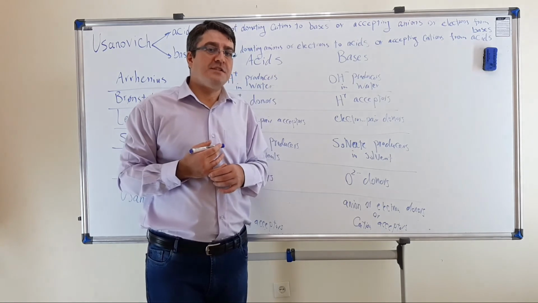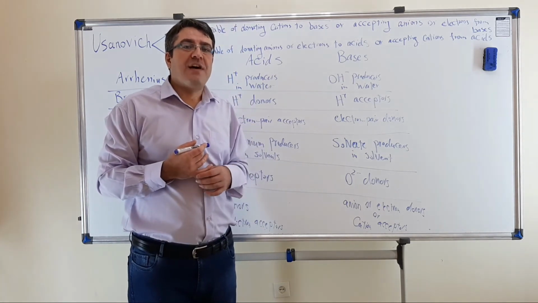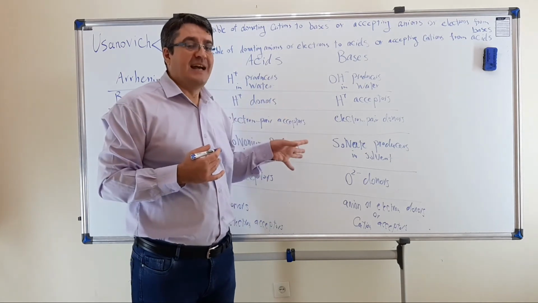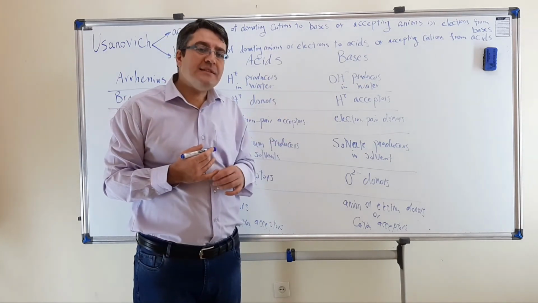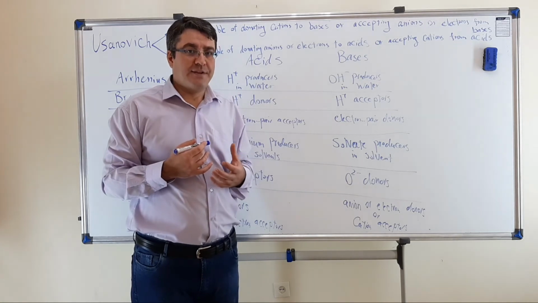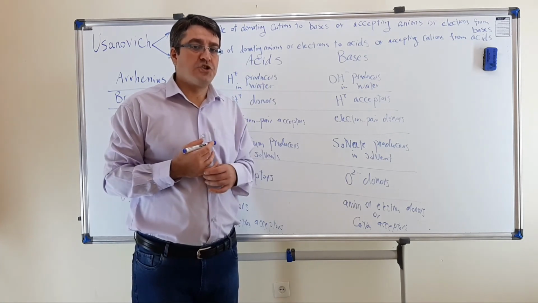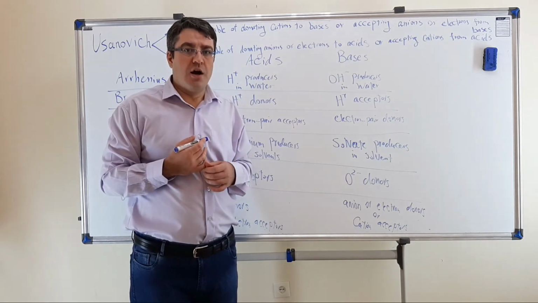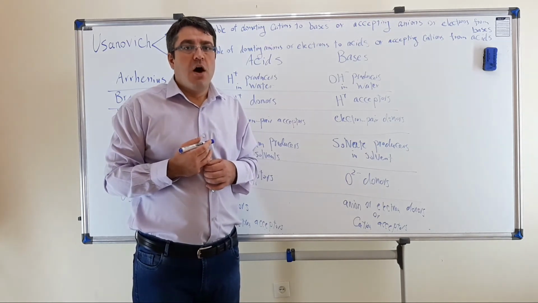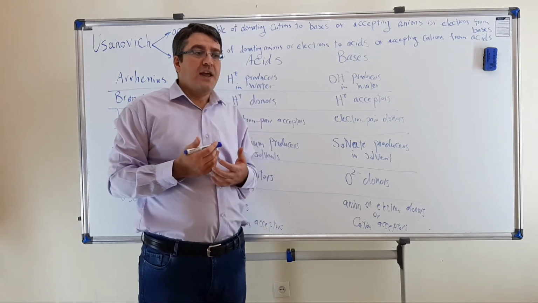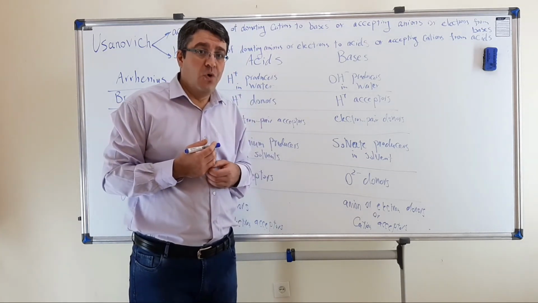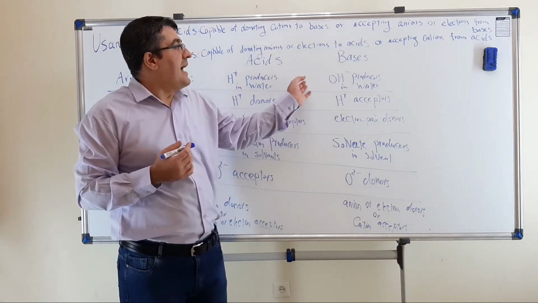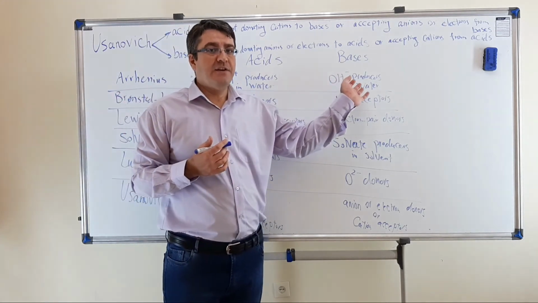Whether a chemical species will behave as an acid or as a base in any of these acid-base theories depends on its structural properties, and among those, the value and sign of electric charge on atoms are very important and play an important role in determining the acidic or basic behavior of substances.